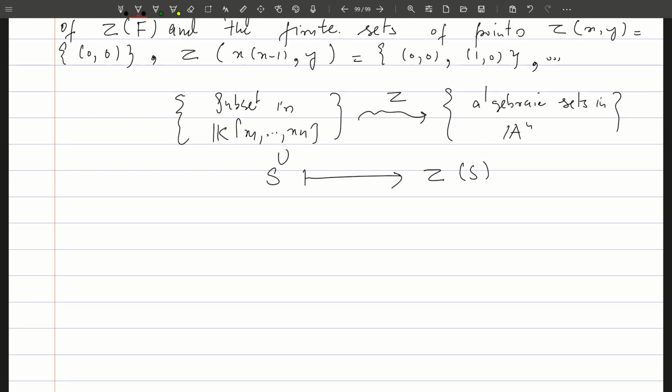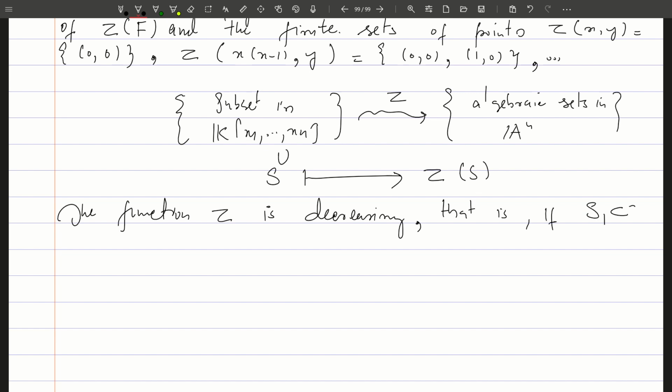So this function Z is decreasing. What I mean by decreasing is that if S1 is contained in S2, then the zeros of the bigger set S2 will be smaller than the zeros of the smaller set.